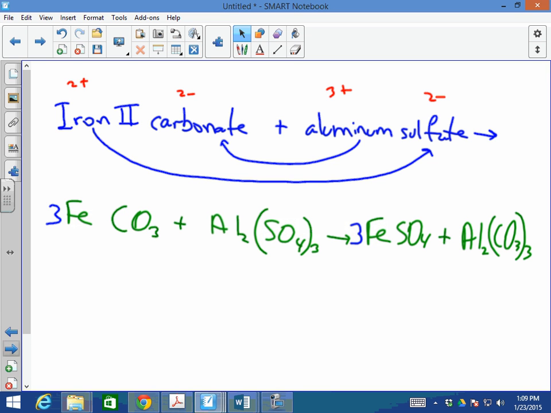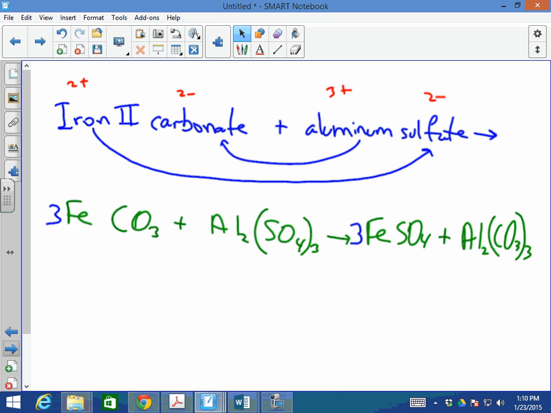When you have a word problem, the only thing that you have to do is go to your table, go to your chart, and write down the symbols, whether it is a single element, whether it is a polyatomic ion, metal, non-metal. You have the chart with you. All you have to do is go to the chart, look at the name, match the name with the symbol, write that down.